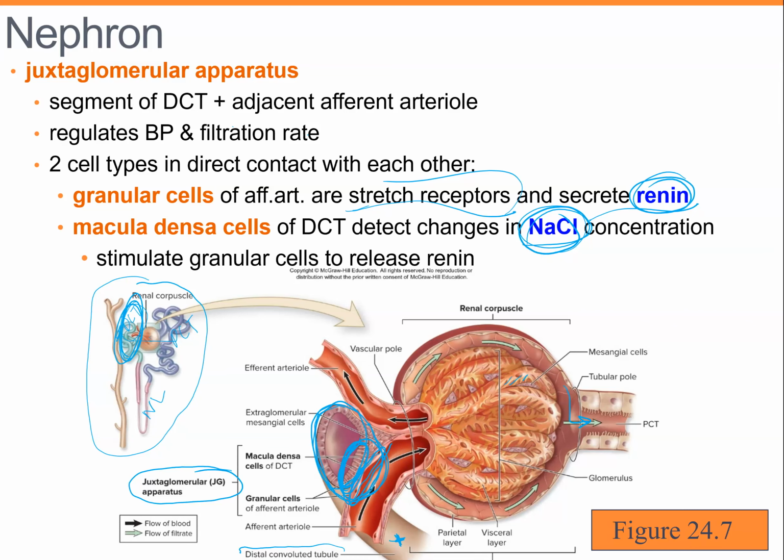The macula densa cells are literally connected, but they're also connected functionally. They're going to stimulate those renin cells, the granular cells, to release the renin that they make. So they're connected physiologically and anatomically.